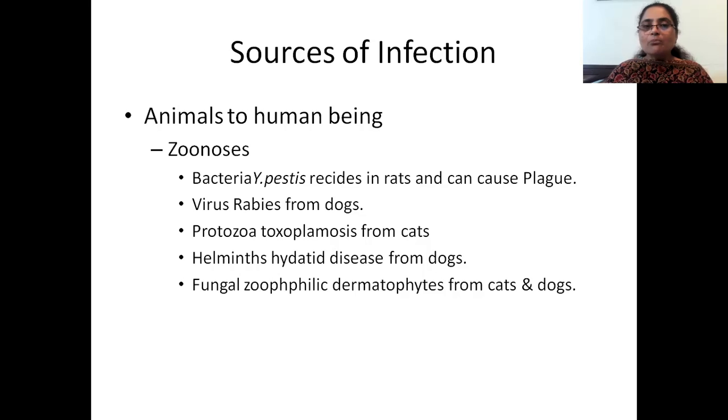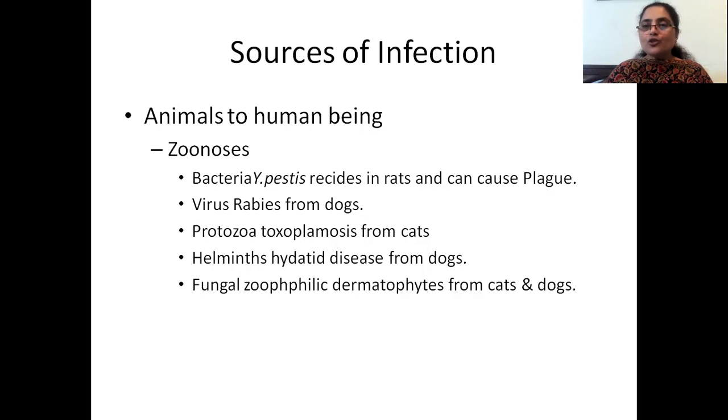There are certain examples, like the plague outbreak which happened because of the bacteria Yersinia pestis, which resides in rats. When the number of rats increases, Yersinia pestis is transferred to humans. Same with the virus which causes rabies, which resides in dogs.